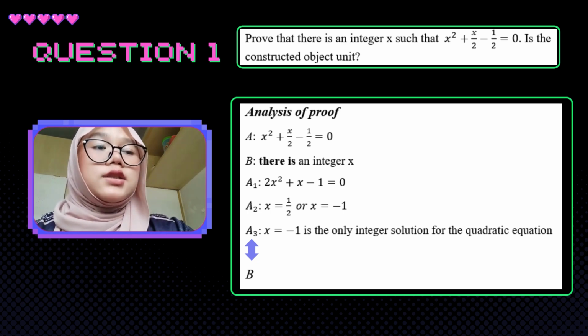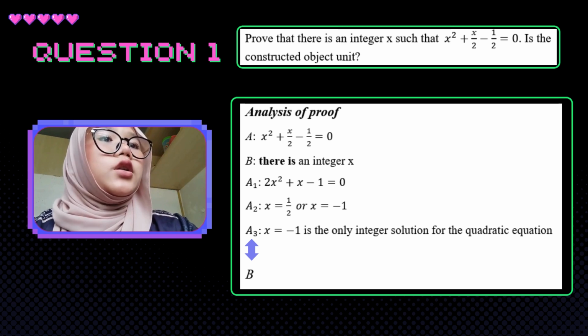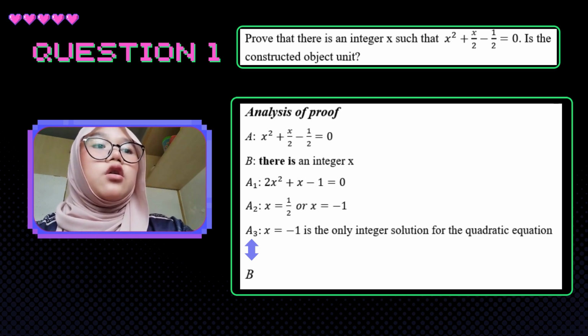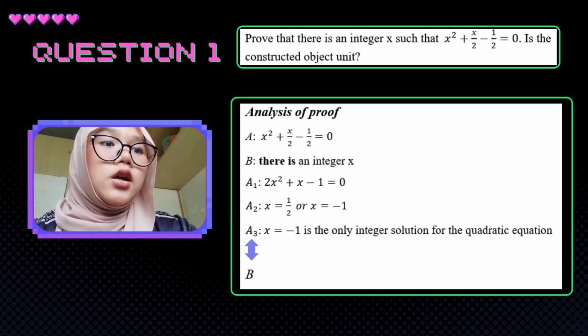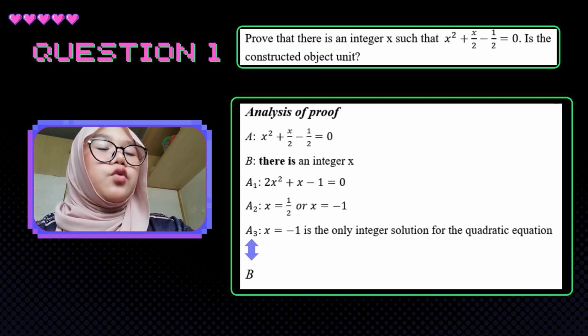B, there is an integer x. A1, we put 2x squared plus x minus 1 equal to 0. A2, x equal to 1 over 2 or x equal to negative 1. For A3, x equal to negative 1 is the only integer solution for the quadratic equation, and A3 is equal to B.